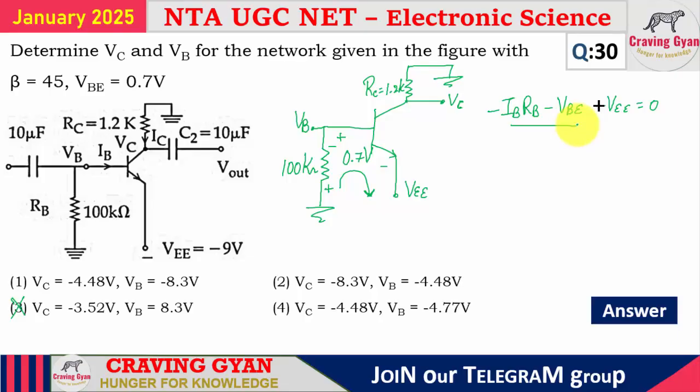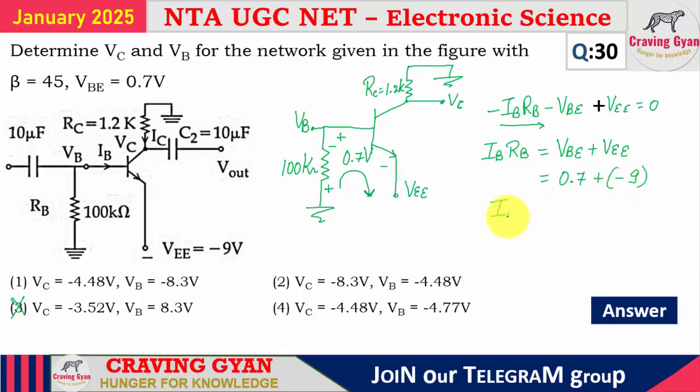If I send these two terms to the other side, I get IB times RB equals VBE plus VEE. Now tell me the value of VBE, which is 0.7, plus VEE, which is minus 9 volts.